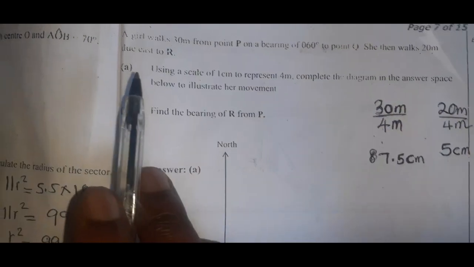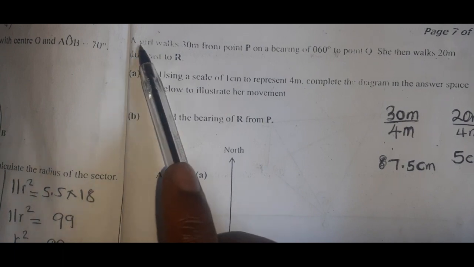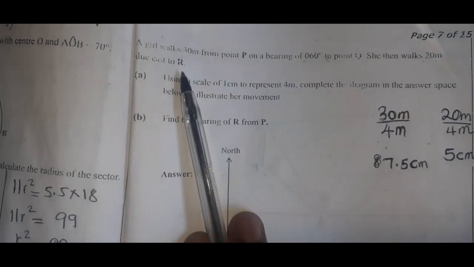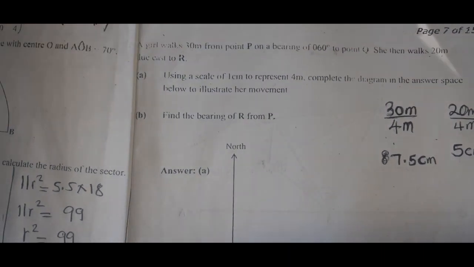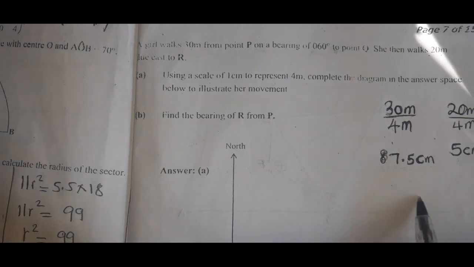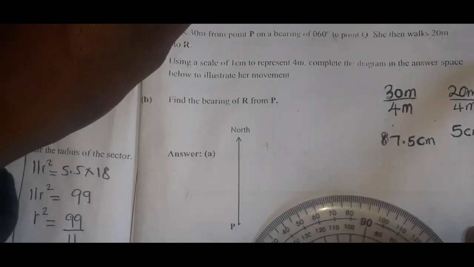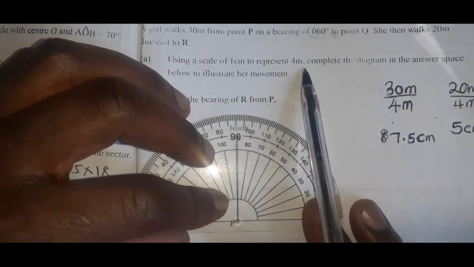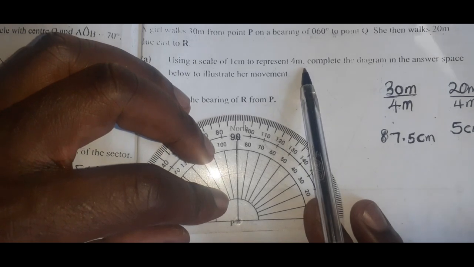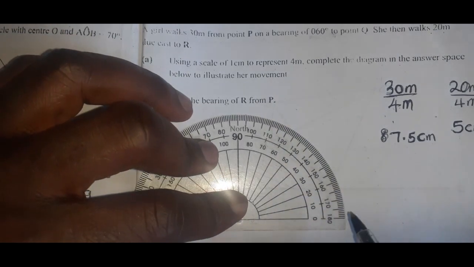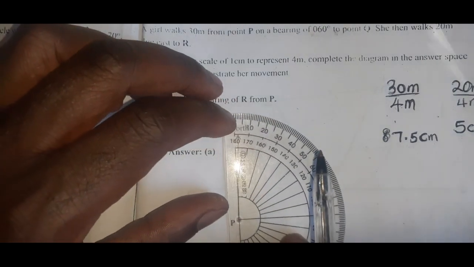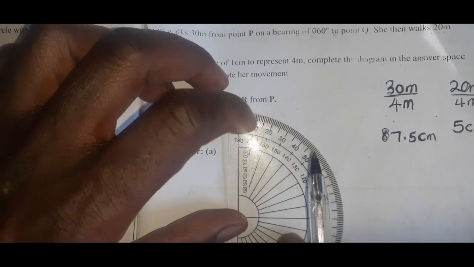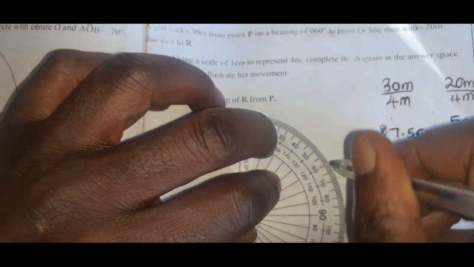Okay. So if I can take you back, a girl walks 30 meters from point P on a bearing of 60 degrees. So it's very important that we begin to measure here. Okay, where is my 60 degrees? Here.